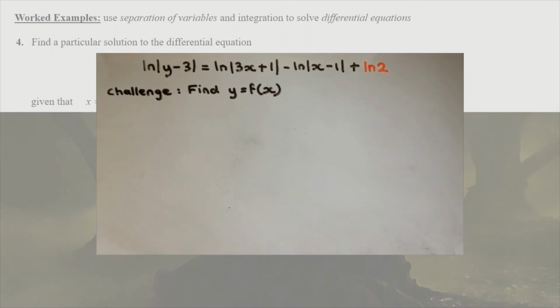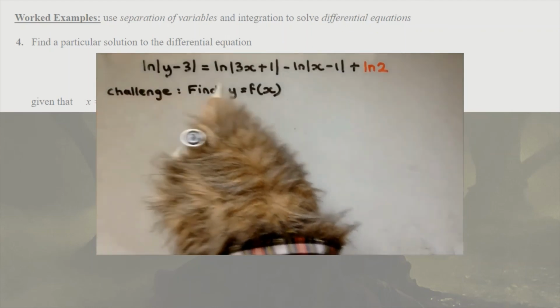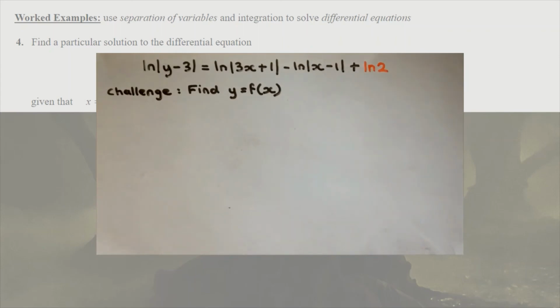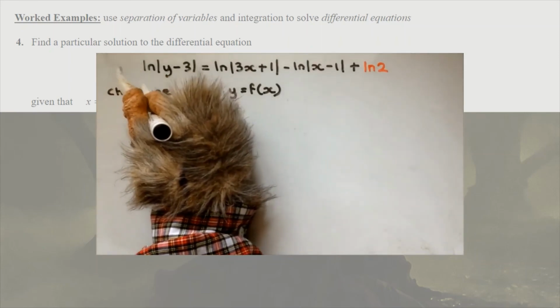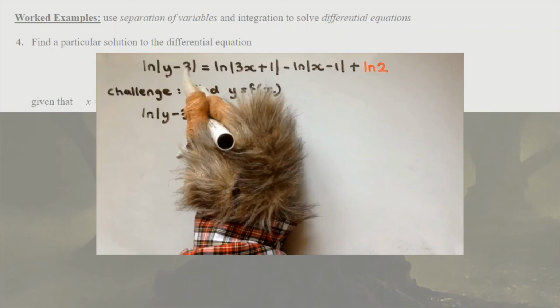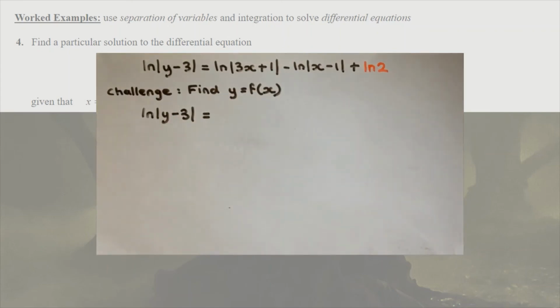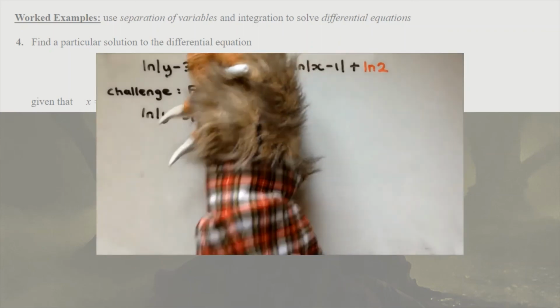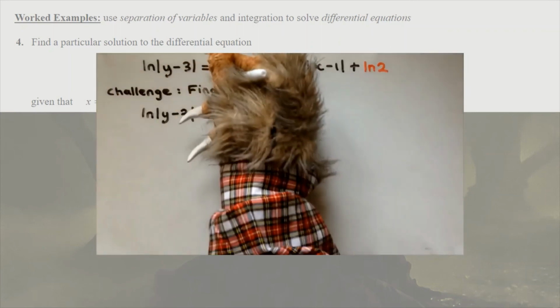Can we use any particular laws? Well, yes, we've got base e everywhere. Let's use some of the addition laws and the subtraction laws for logarithms. So let's keep the ln of y subtract 3 where it is for the time being. Now here, in the first two terms, we have a subtraction.